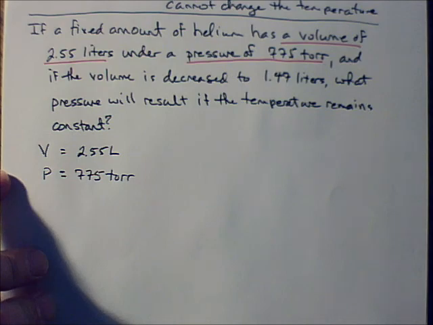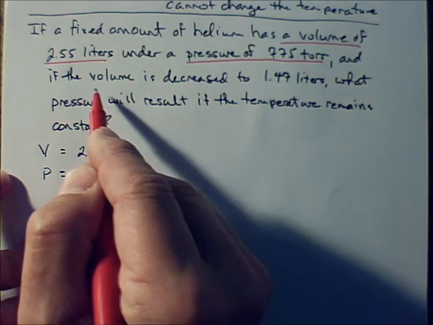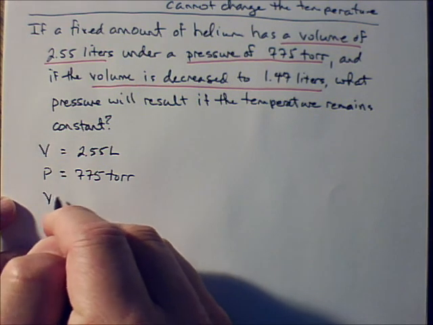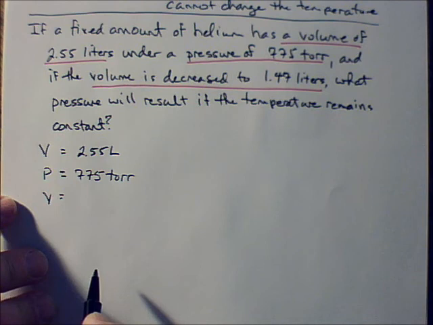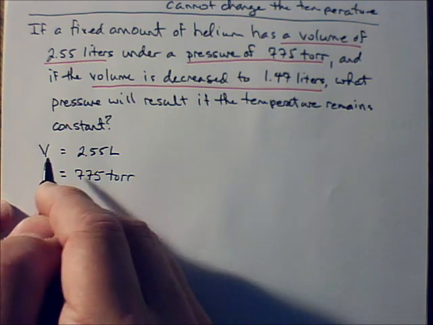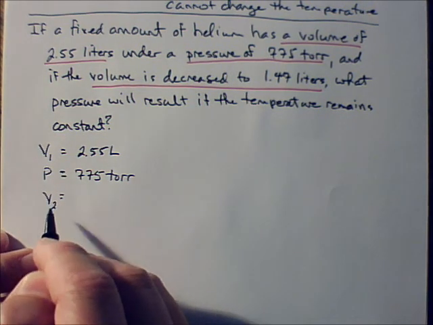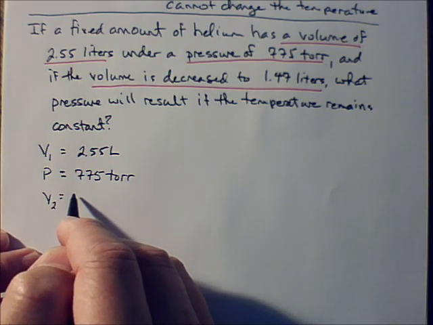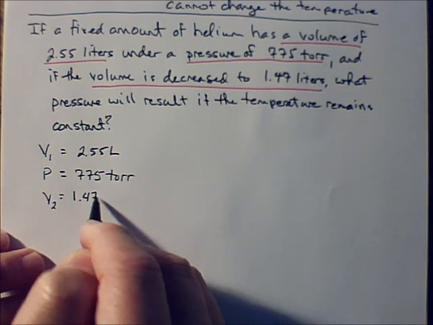It also says here, if the volume is decreased to 1.47 liters, so this is a different volume, same gas. If it's a different volume, same gas, then I've got to say this is volume 1, this is volume 2. And we're going to lower it to 1.47 liters.